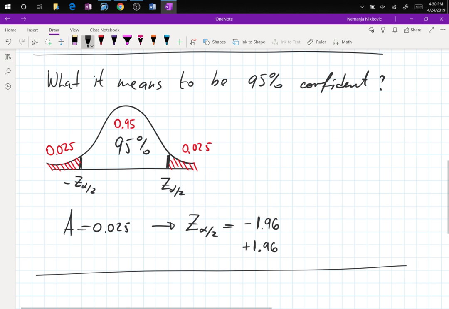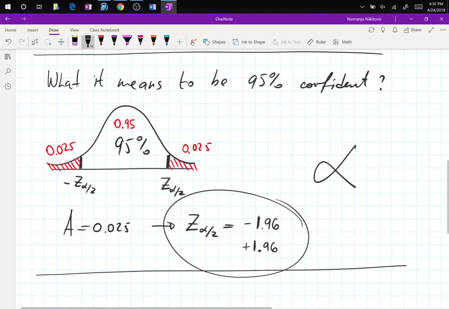Yes? I'm just asking about mu. Like, what should we call that? On the tail ends of the curve chart, how we have positive and negative z. There's no mu, just z alpha over 2.